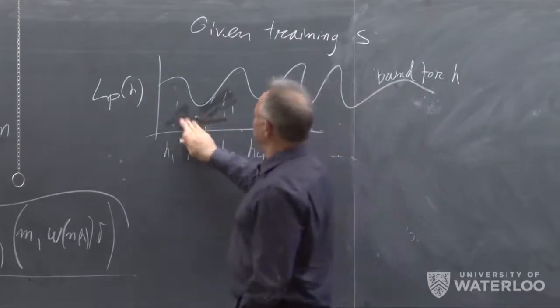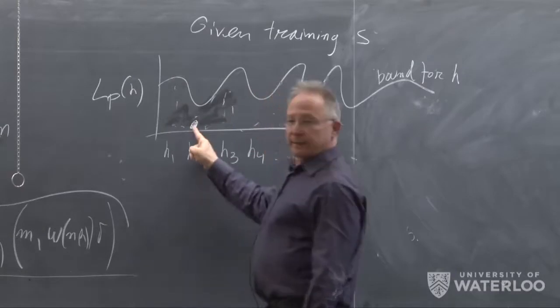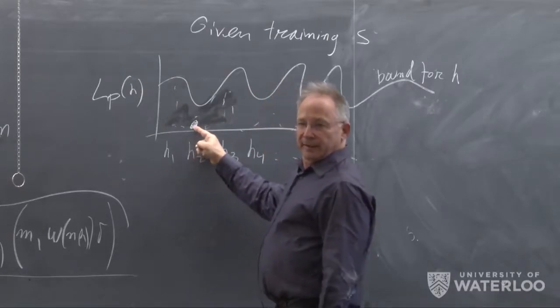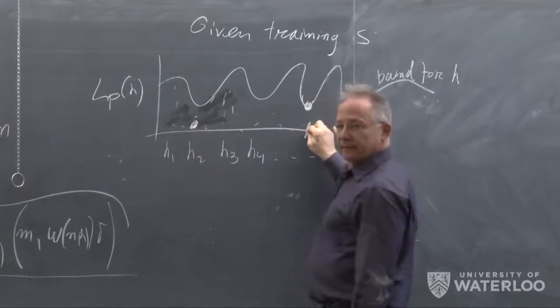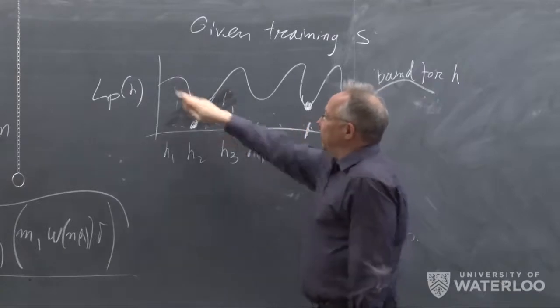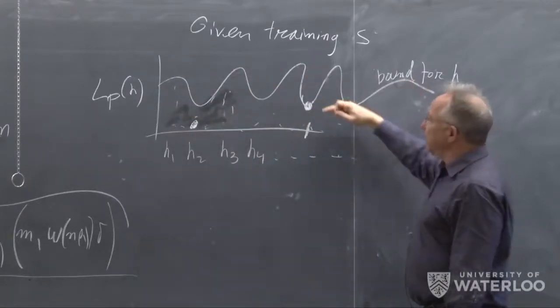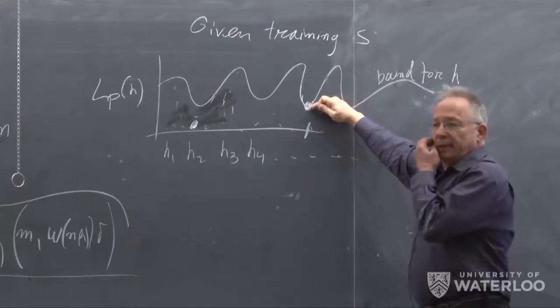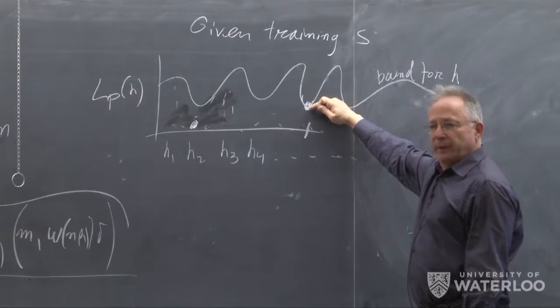Maybe I have an h, this h2, that has an error that is better than the error of this guy. But I don't know it. All I know is that this is the only guarantee that I have. So the best I can do is to minimize the guarantee, to minimize the upper bound on my error. And that's what I'm going to do.